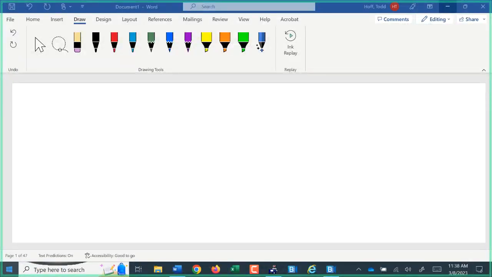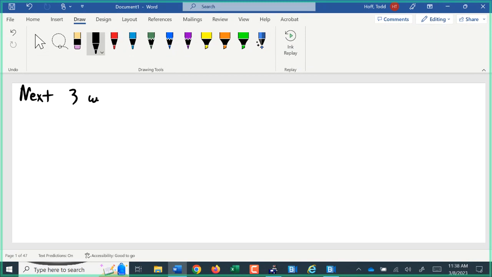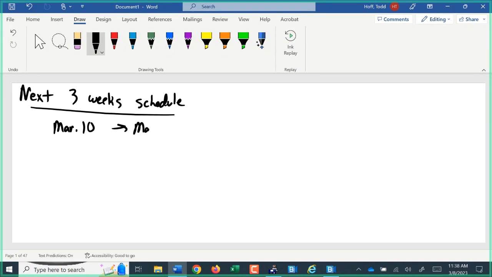Okay, so before we dive into Unit 3, a couple of scheduling notes I want to make. So the next 3 weeks basically. So it looks like this Friday, that would be March 10th, Mauston, you guys are not in session.